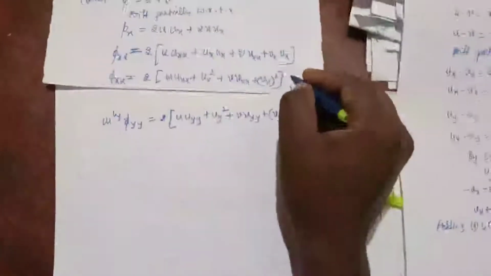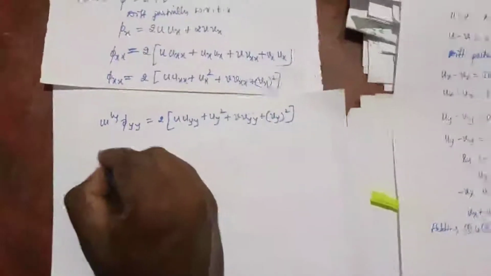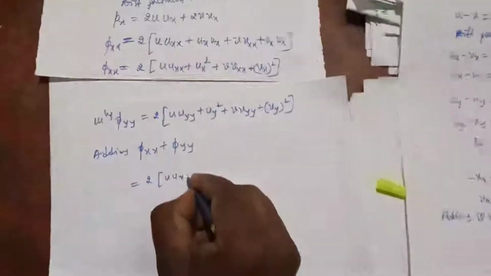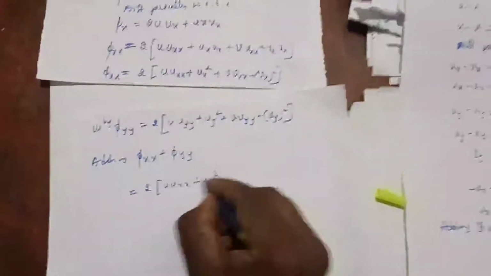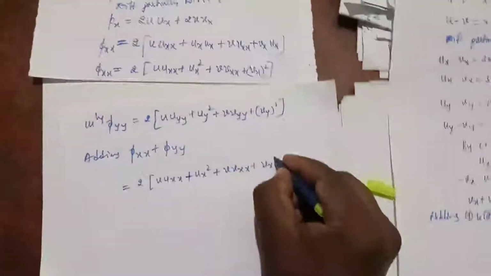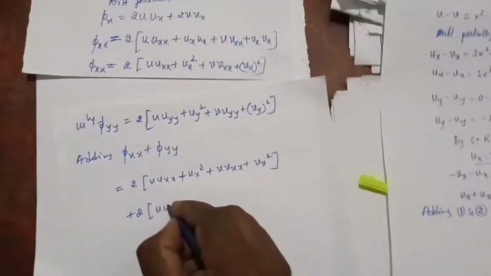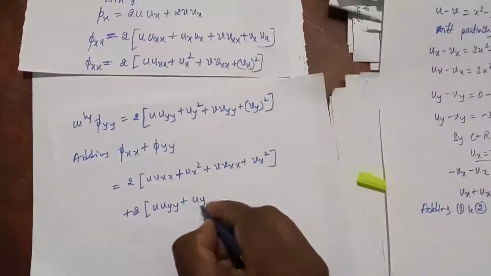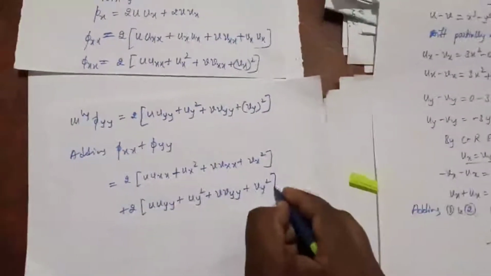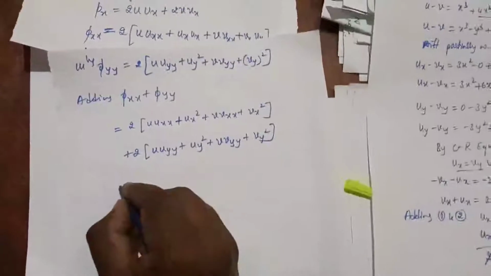Now adding these two, phi xx plus phi yy is equal to 2 times uxx plus ux square, vxx plus vx square, plus again 2 times uyy plus uy square, vyy plus vy square.